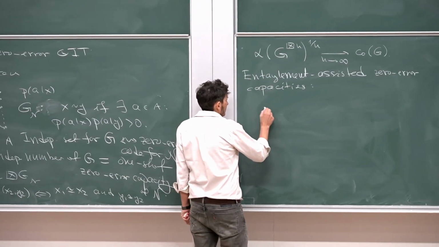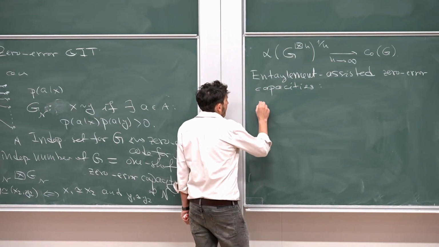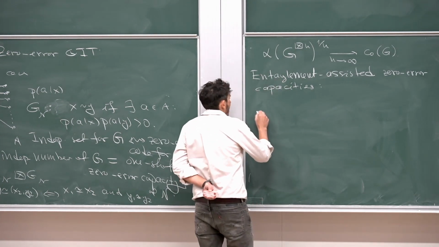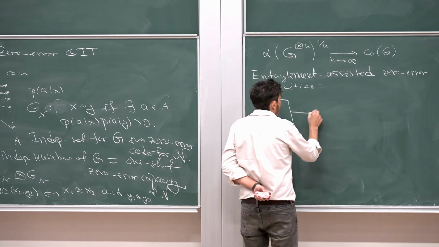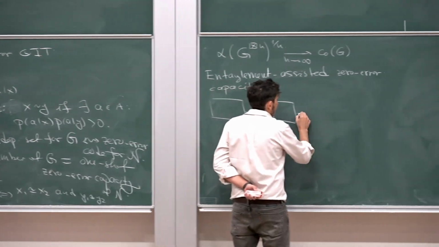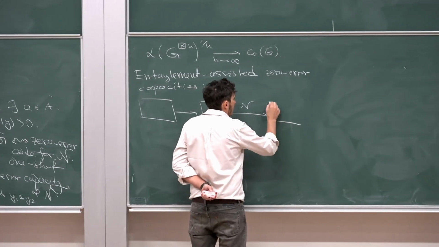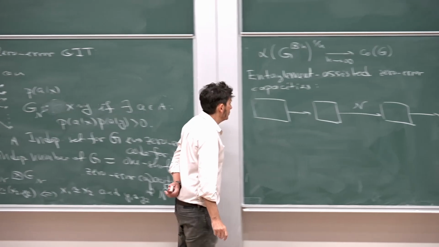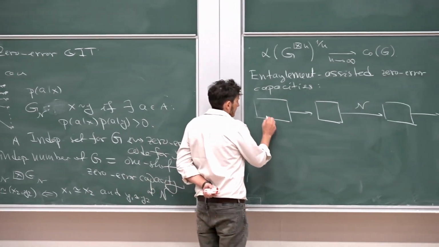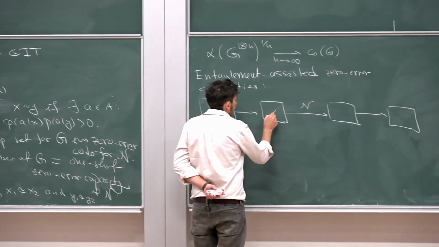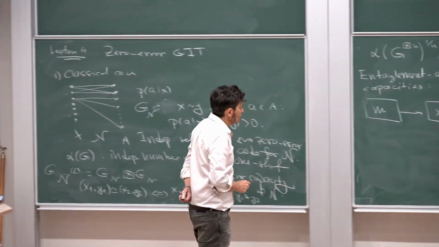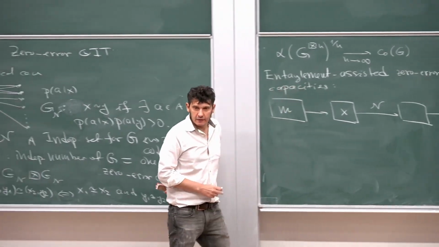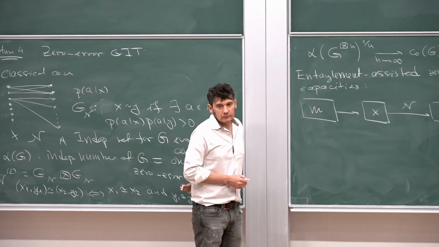So here the picture is something like that. Here is my channel. This is N. This is kind of the diagram of Shannon. First, I take a message. I encode it as an input of my channel.